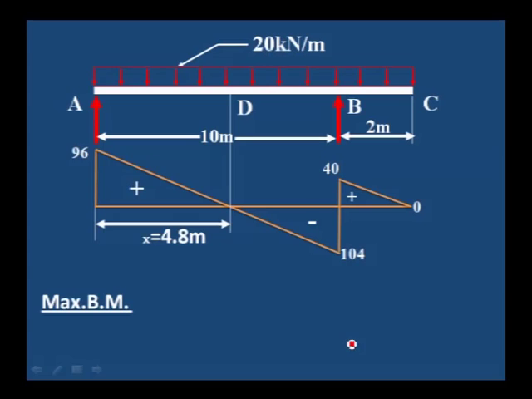To calculate the maximum bending moment, we can take the moment from A to the point where shear force changes its sign. We can call it point D, at a distance of 4.8 from the A point.